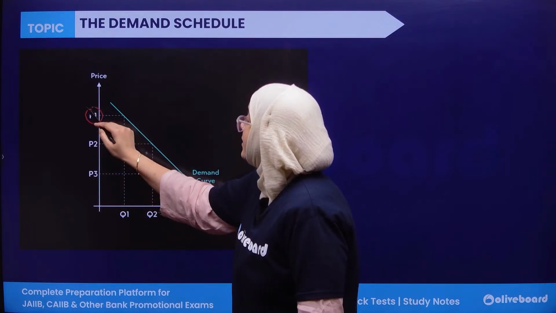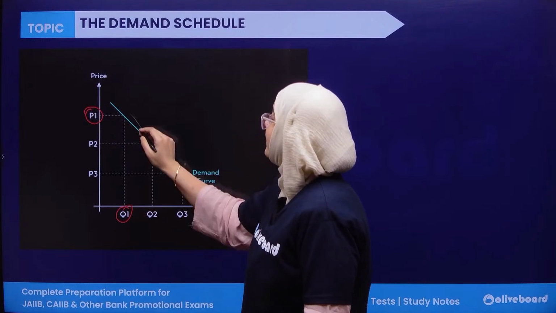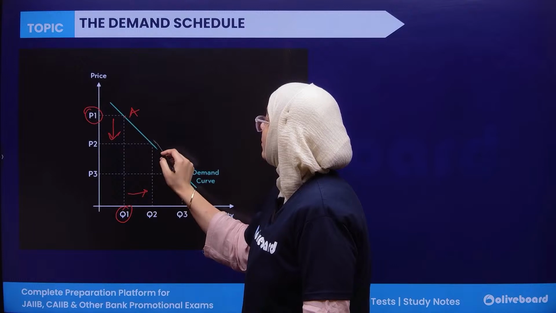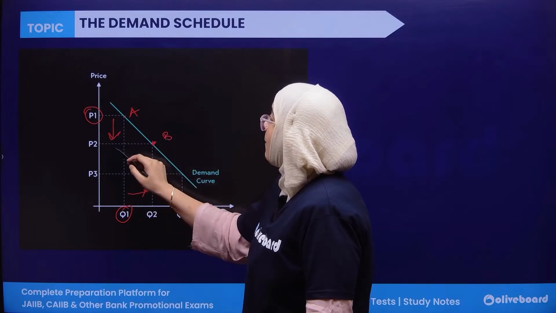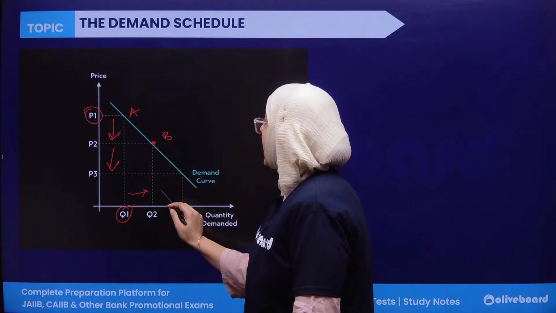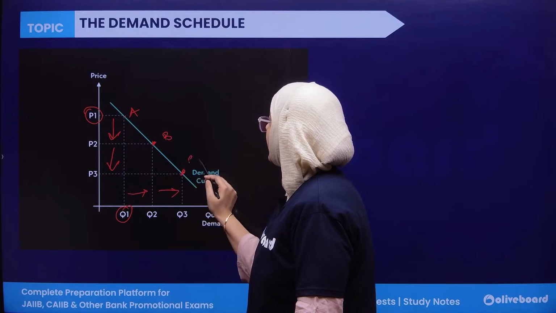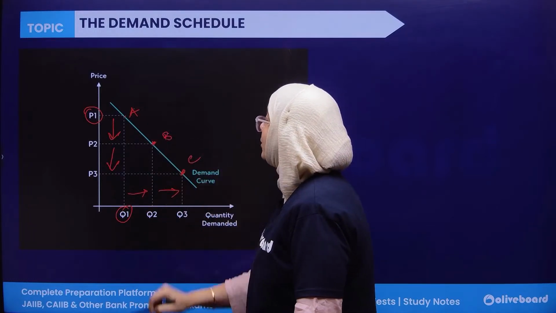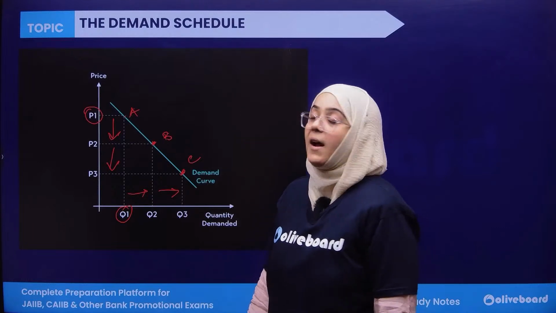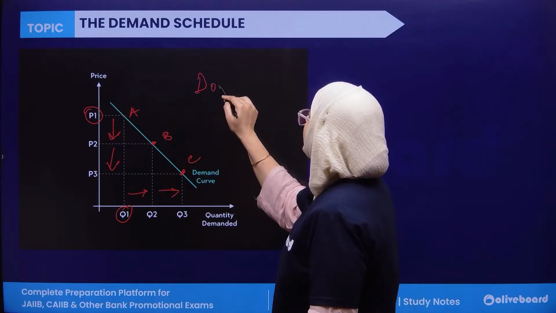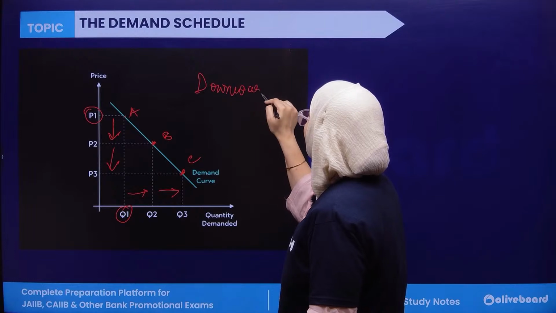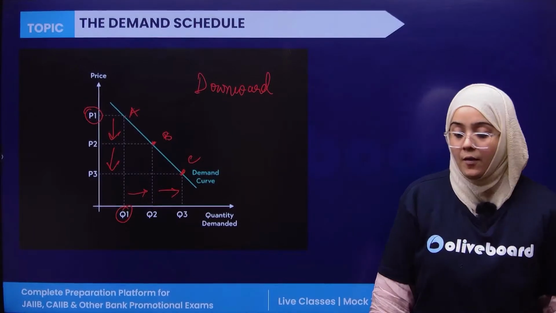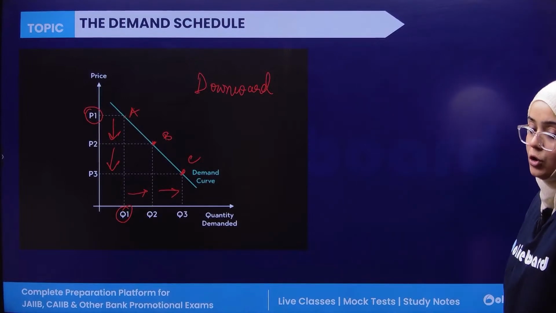If we are at position P1 where demand is Q1, that is A. Now the price will decrease, demand will increase, and we are at position B. Now the price will further decrease and demand will further increase, and we are at position C. Now we join these positions and we get the demand curve, which is always a downward sloping demand curve, from left to right.